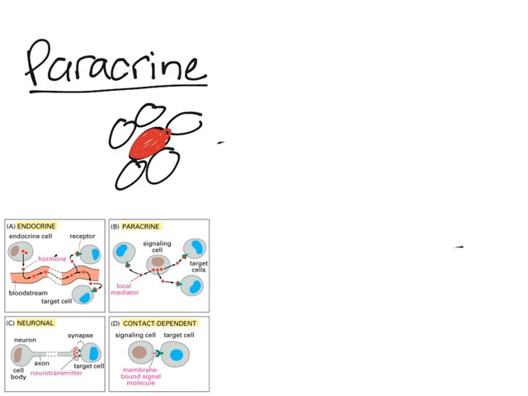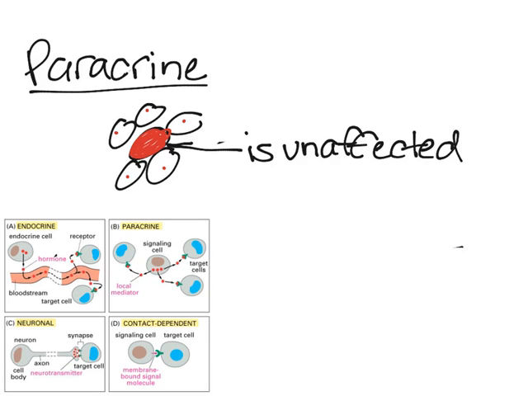And so it'll send signals, pretend the dot is a signal, to essentially the cells all around it. But the key here is the signaling cell, this red cell, is unaffected by the signals that it sends out.